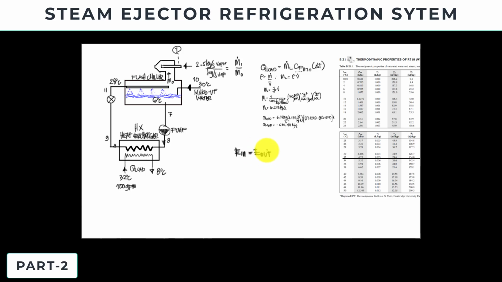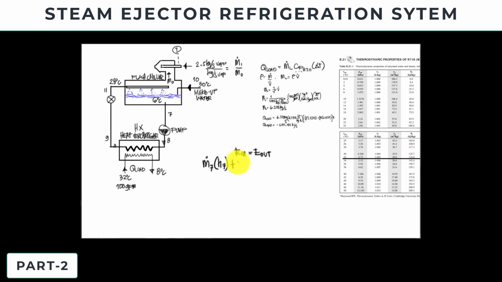Now entering, you have the mass flow rate at 7, with the mass flow rate at 7 times the value of enthalpy at 7. So I'm going to name this one enthalpy subscript 7.